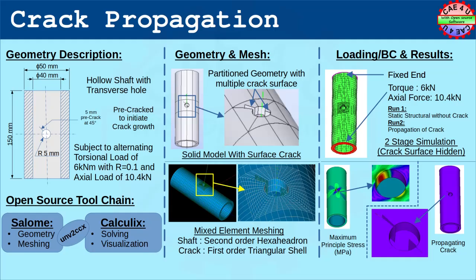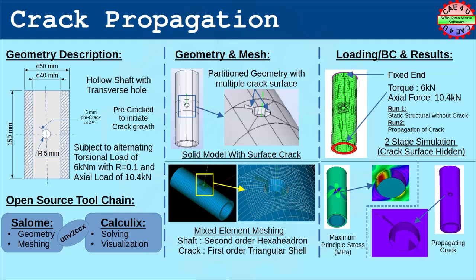As we move on to the tool chain, we have used the Salome Shaper module for creating the geometry and meshing. Salome native mesh was converted to Calculix readable mesh file using the UNV2CCX application. We could see Salome platform could create mixed element types with element orders. Further, structured mesh was possible for computational efficiency.